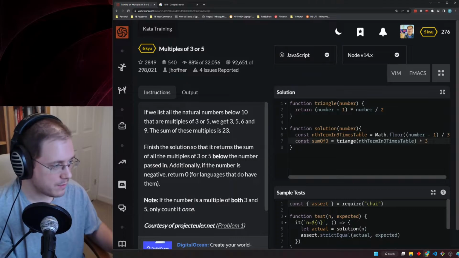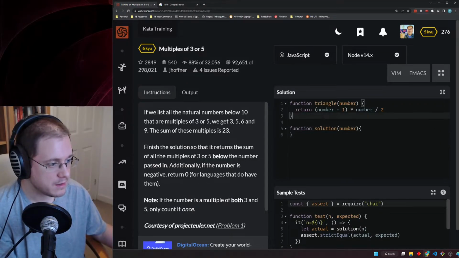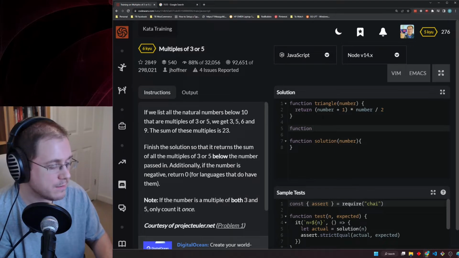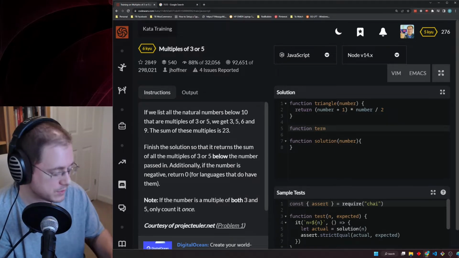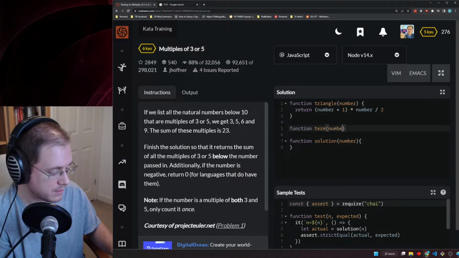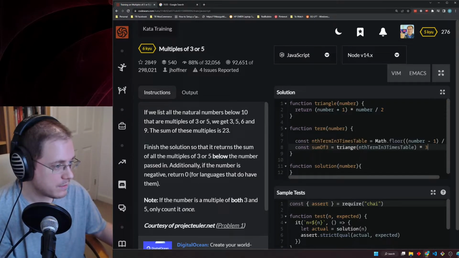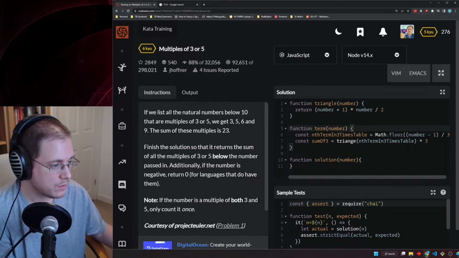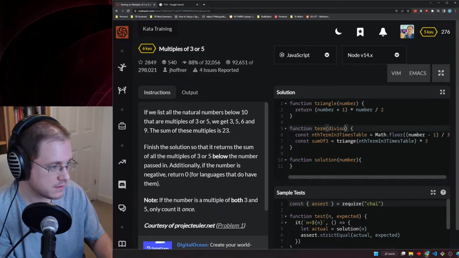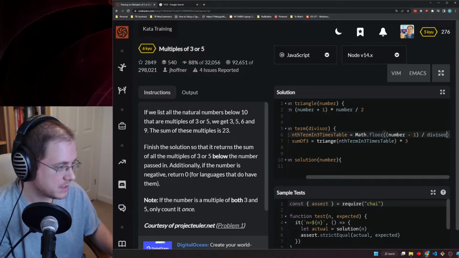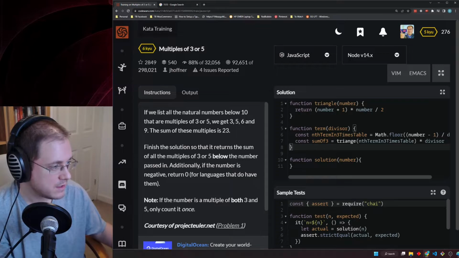So rather than repeating it, let's put it in a function. I don't quite know what to call it yet. Term or something, I don't know. Number. Yeah, so we'll call it divisor, because it is basically the divisor, isn't it? 3.